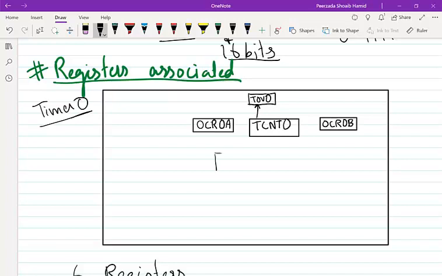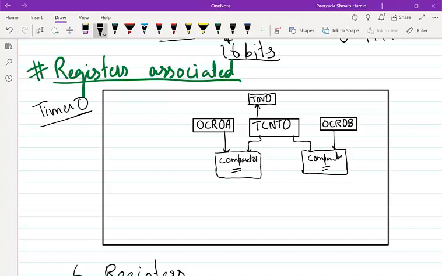So actually there will be a comparator block that will check whether the contents are equal. This compare block will have two inputs, and there will be another comparator block. This also will have two inputs, and it compares the contents of the counter register with the OCR0B register, which I have loaded with a particular number.